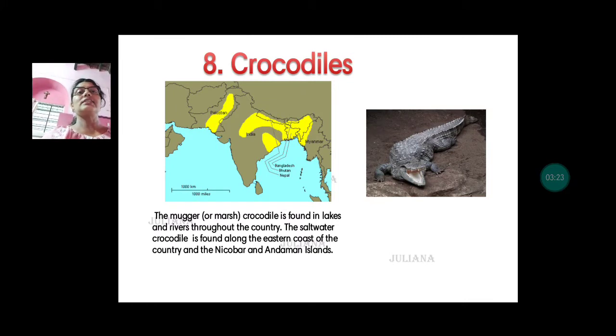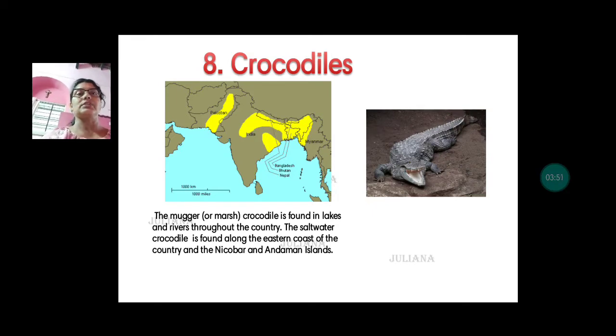Crocodiles. Crocodiles are also called as magar. Okay, they are normally marsh crocodiles found in the lakes as well as in the rivers throughout the country. The saltwater crocodiles is found along the eastern coast of India, like in Orissa. Okay, and also in Andaman Nicobar Islands, but otherwise they are found in almost all rivers in India, including what I have shown over there, the coastal region of Orissa and Ganga River.